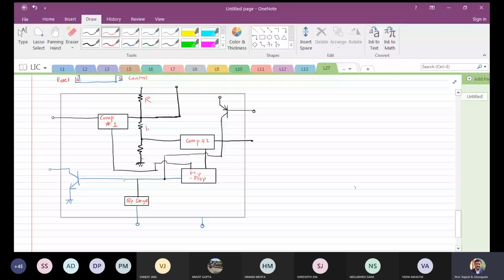Yesterday itself we have seen this, no? We were seeing the ICL 8038 function generator IC. So that was where we saw this type of potential divider. All right.